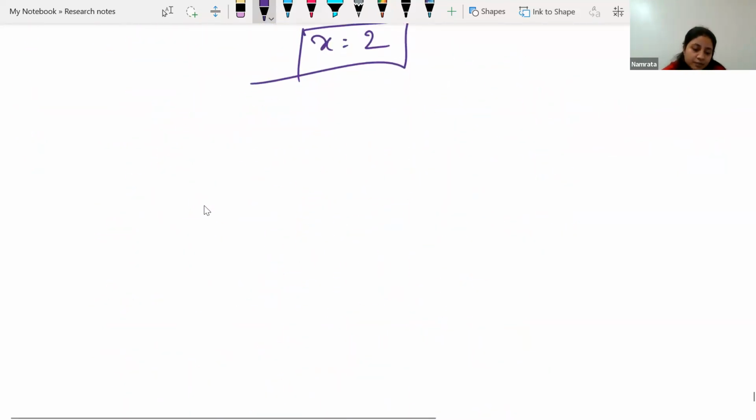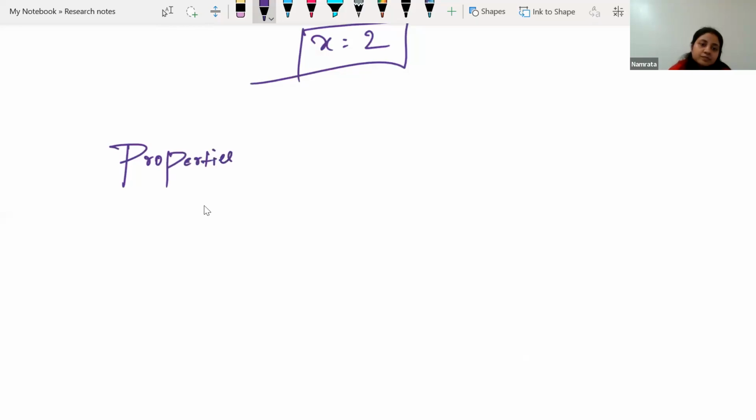Let's move ahead. A few properties are there for determinants. Let's see what those are.